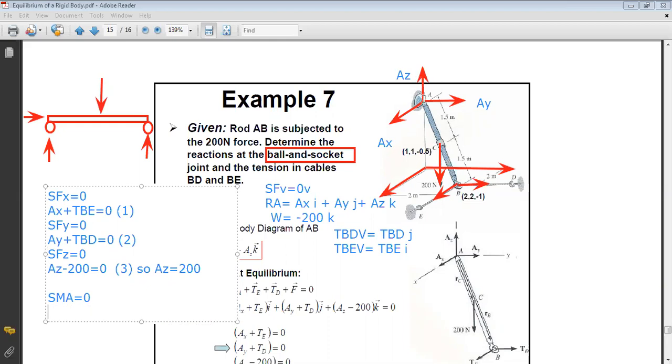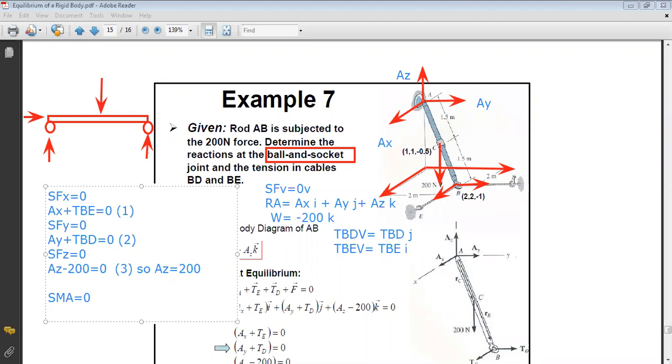We said that for the reaction at A, there is no moment. We still have the moment of the weight, the moment of TBE, and the moment of TBD. Remember what I told you: when you have a 3D application, in general the easier way to find the moment is to do the vectorial product.